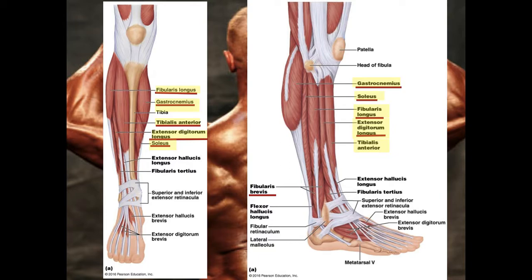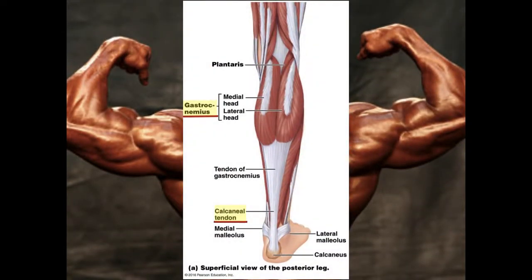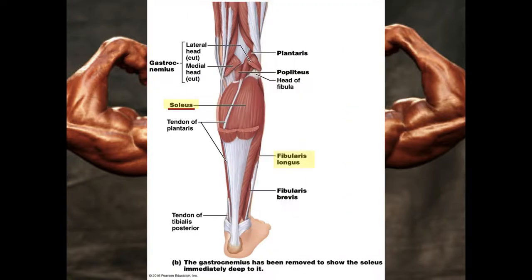Okay, so they come in layers. Alrighty. Oh, and there from the back, there's your gastrocnemius. Their calcaneal tendon attaches it to the calcaneus down at the bottom. And cutting off the gastrocnemius, you can see the soleus right underneath them.